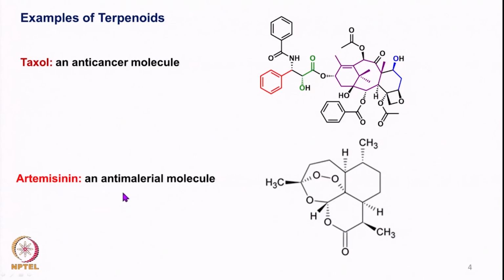Now artemisinin is an anti-malarial molecule whose structure is like this. As you can see, it has 3 basic rings, but at the same time there is a bridge here having a peroxide bond. Again it is a very difficult molecule to synthesize, but many derivatives of Taxol and artemisinin have been synthesized and assessed for their biological activity.